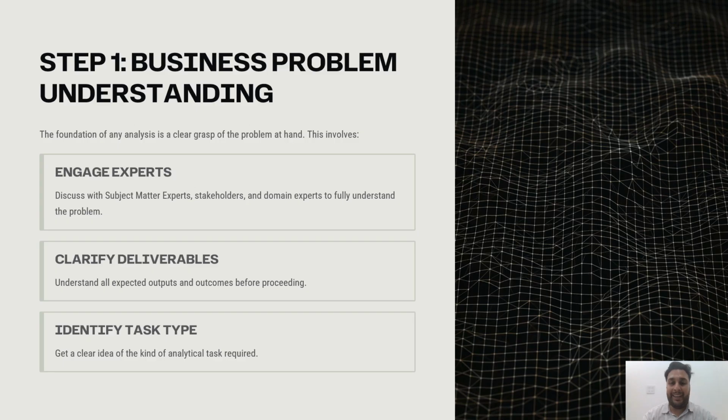Before looking at any data, analysts meet with stakeholders, subject matter experts, and domain experts to understand what the actual problem is, what the objective is, and what deliverables are expected.